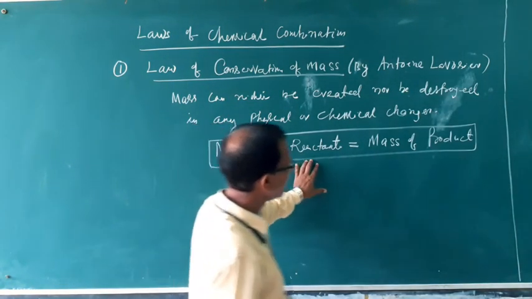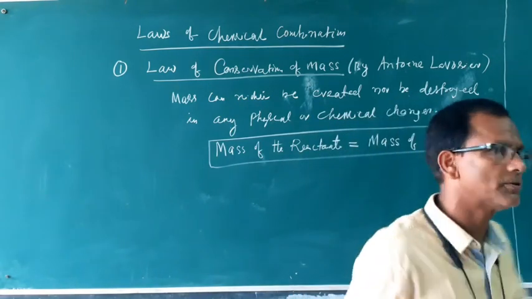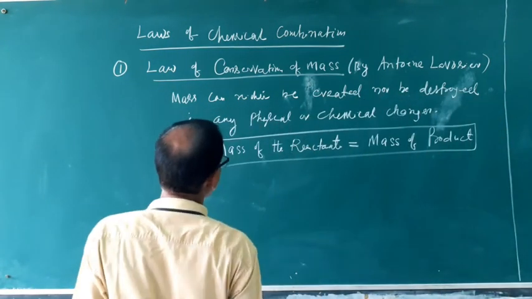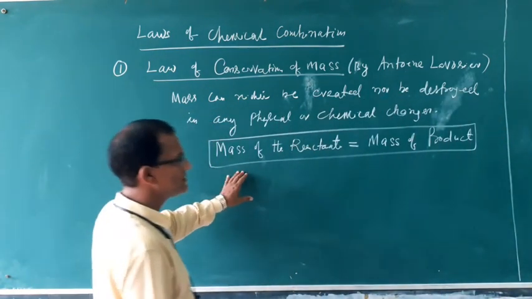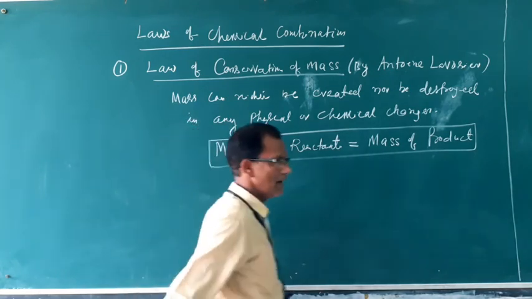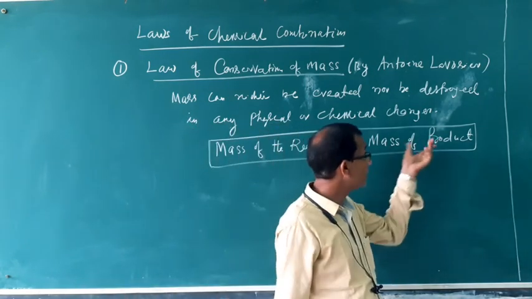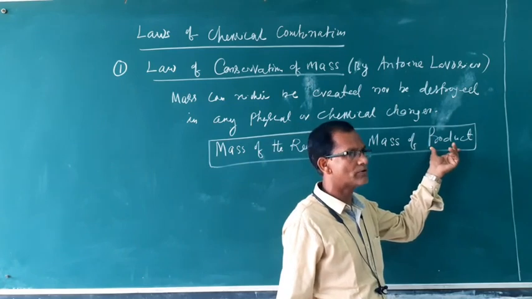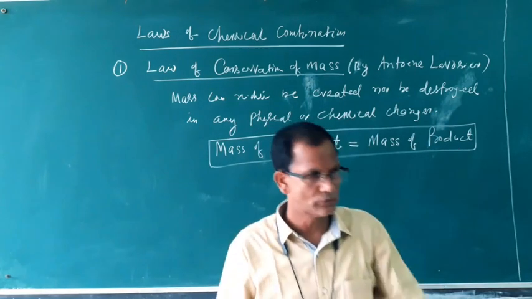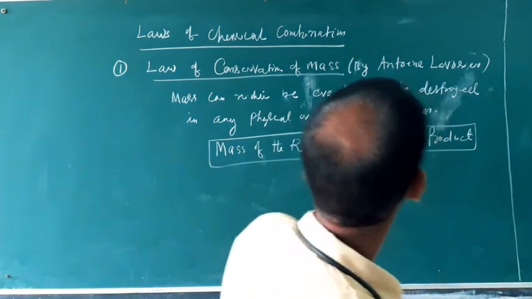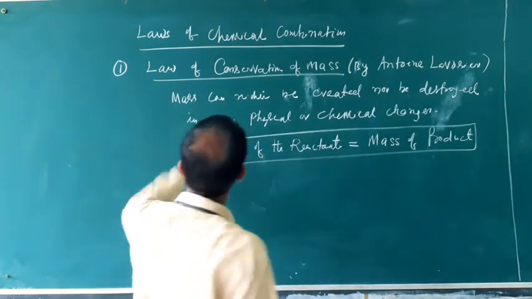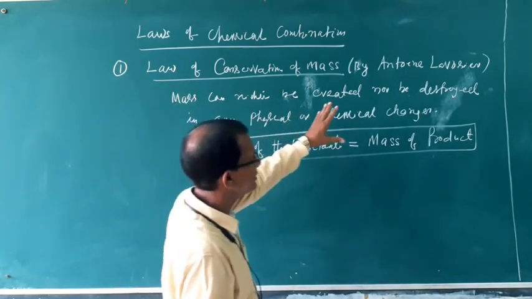The mass of reactants means what you have taken, and what you have got is the mass of products. Both masses remain the same. That is called the law of conservation of mass.